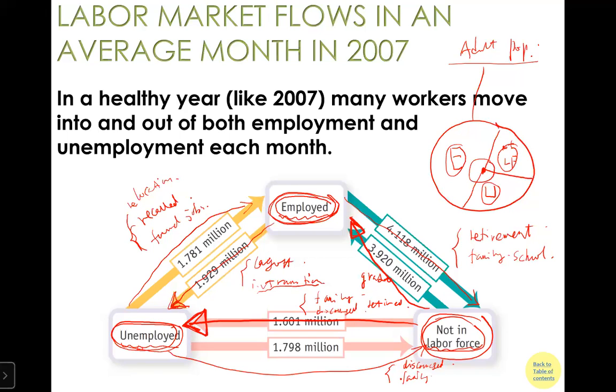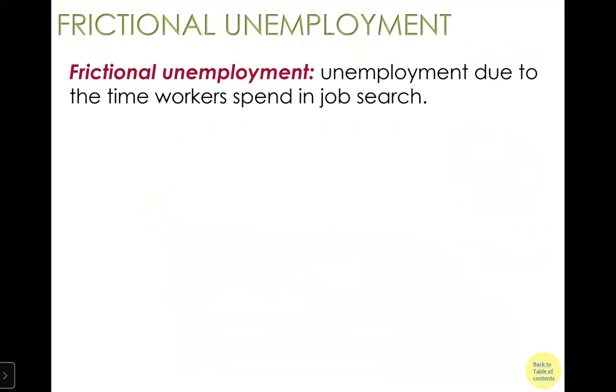So this is how individuals or people move around at any point in time, between employed, unemployed, and not in labor force. Right? Throughout this discussion, you're going to see unemployment caused by different reasons. And this is going to be caused by different reasons, as we just mentioned.